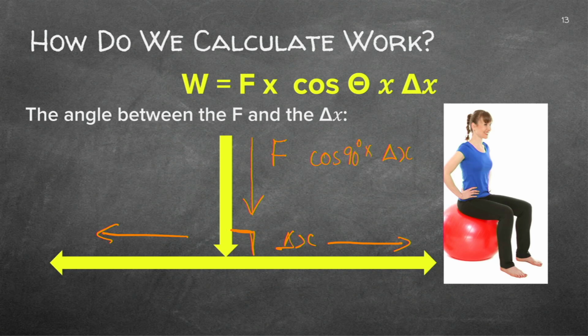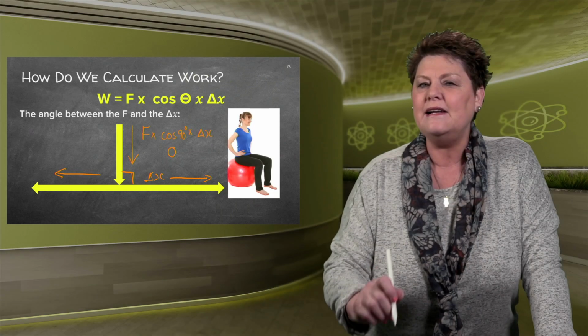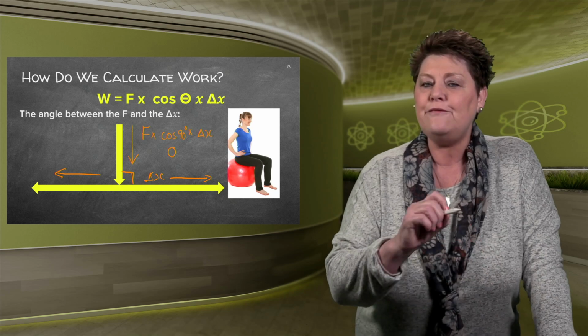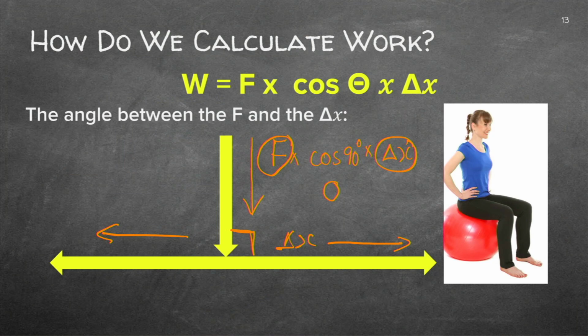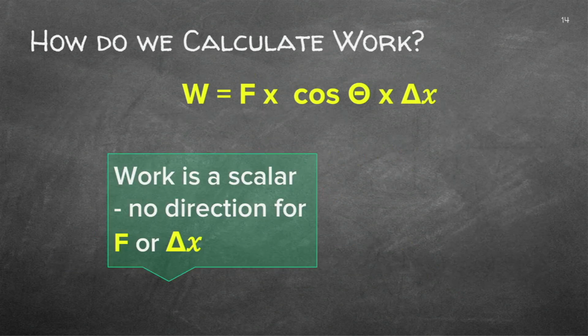Now, if you put cos 90 degrees into your calculator, you'll find a value of 0. And that actually gives you an idea of what we said previously. If there's no force in that direction, there's no work done. And this is exactly an explanation for that statement that we're making.